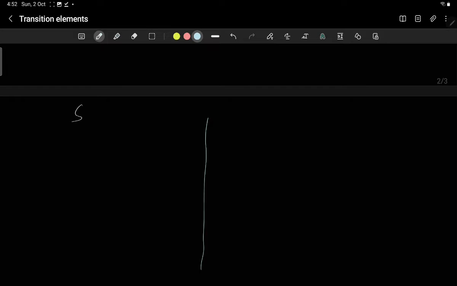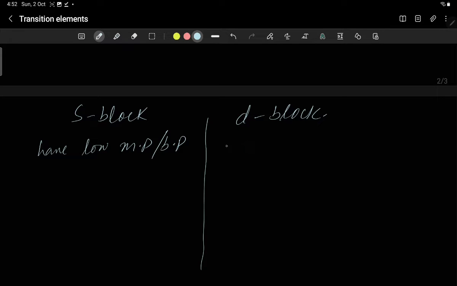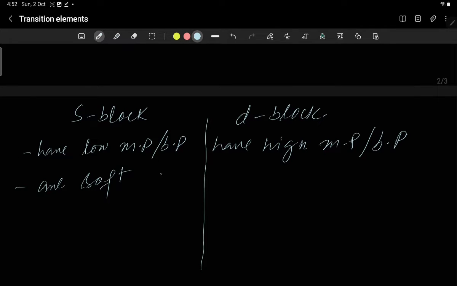For example, s block elements have low melting point and boiling point, while d block elements have high melting point and boiling point. S block elements are soft metals, like group 1, easily cut with a knife, but these are hard metals.